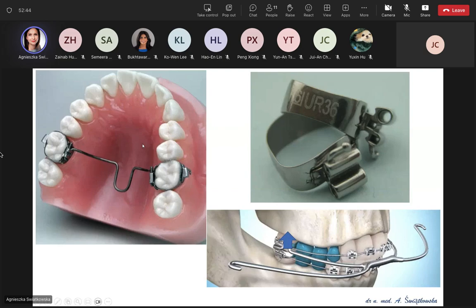Okay, so TPA, transpalatal arch, we can also use. This is the tube for headgear. And when we put this intraoral part of this wire into this tube, here is a U-shaped bend, and activate in this direction, we achieve intrusion of molars, upper first molars.